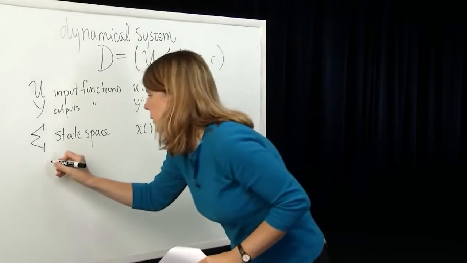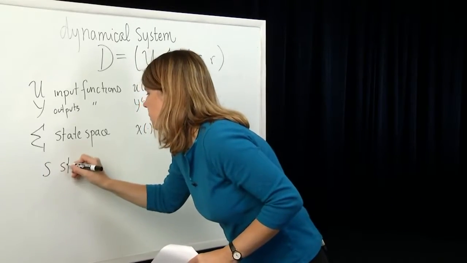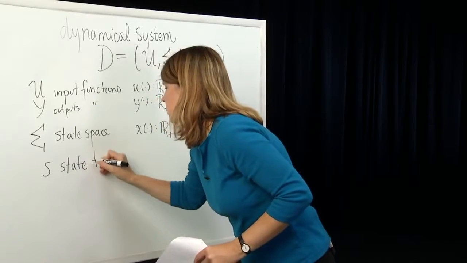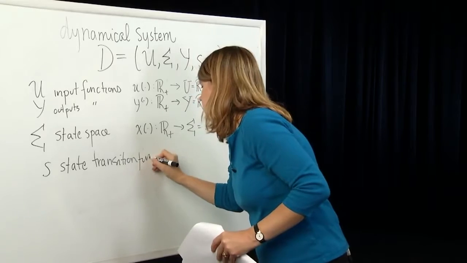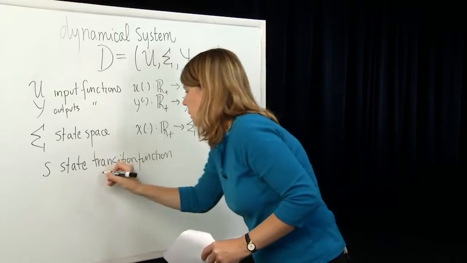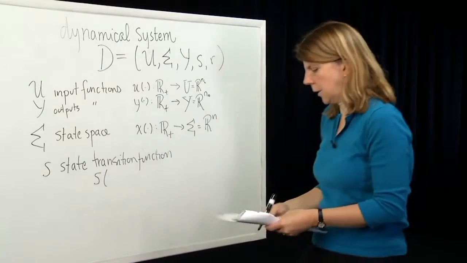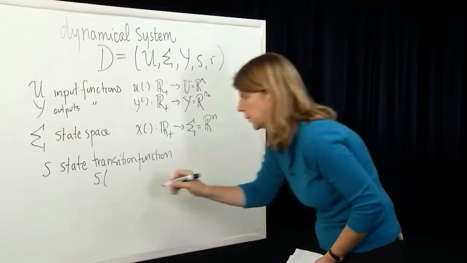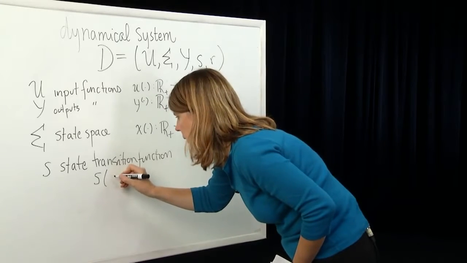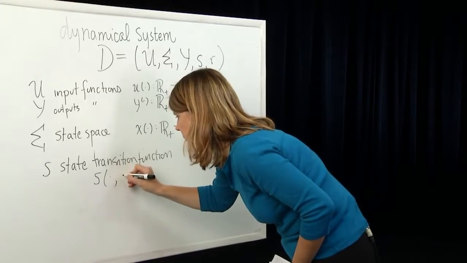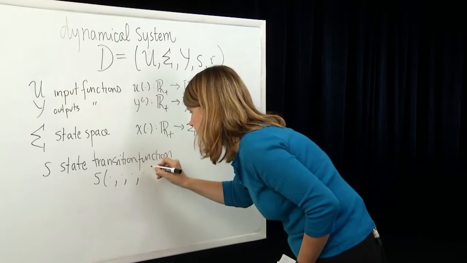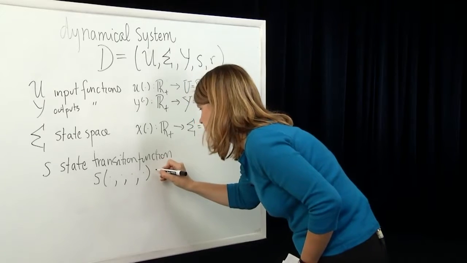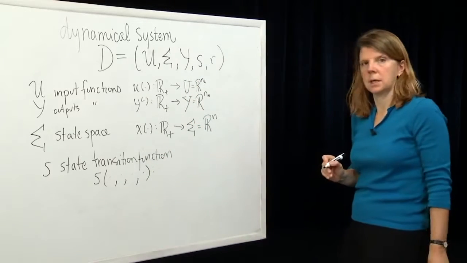So s is the state transition function. So S takes, it's a function of 4 different things. It maps time, initial state, and input to a state.